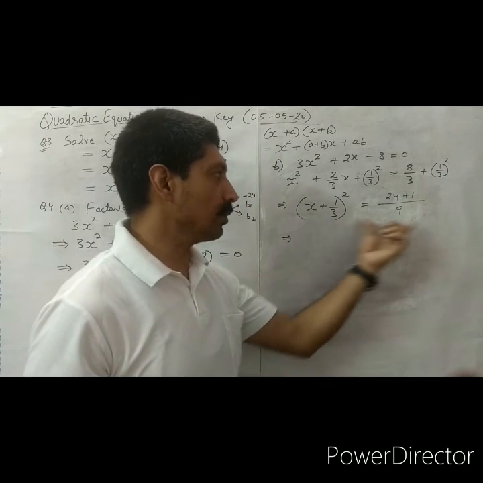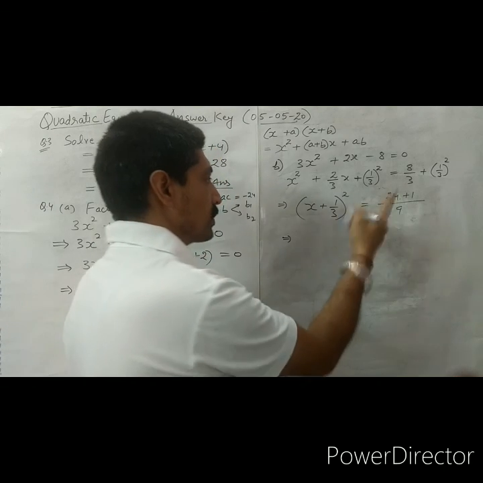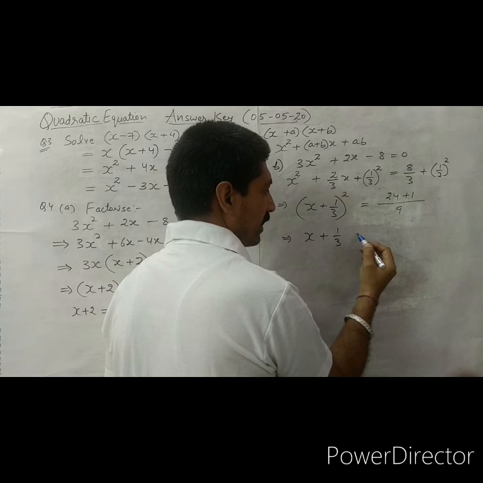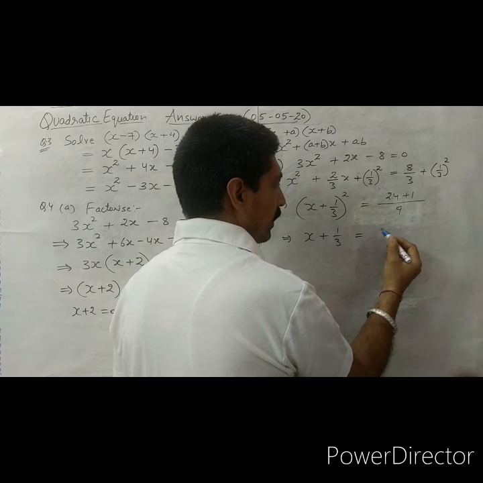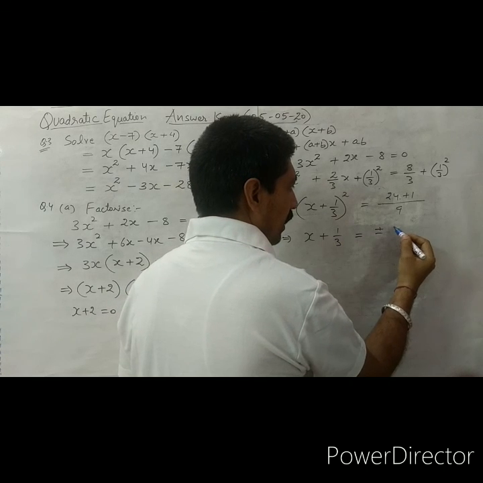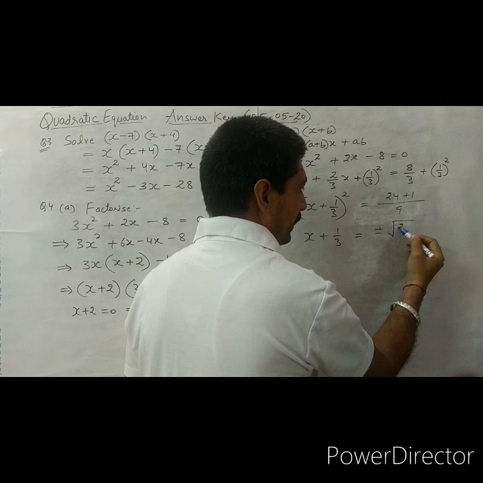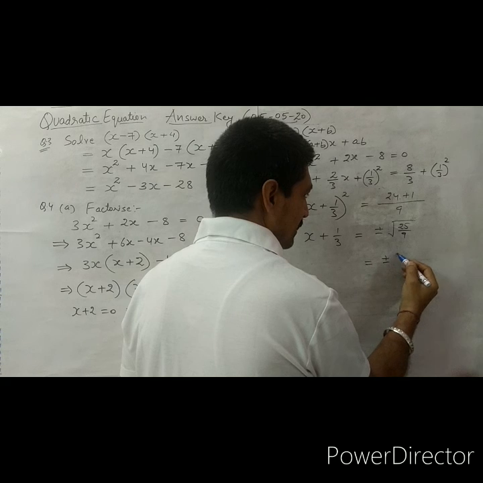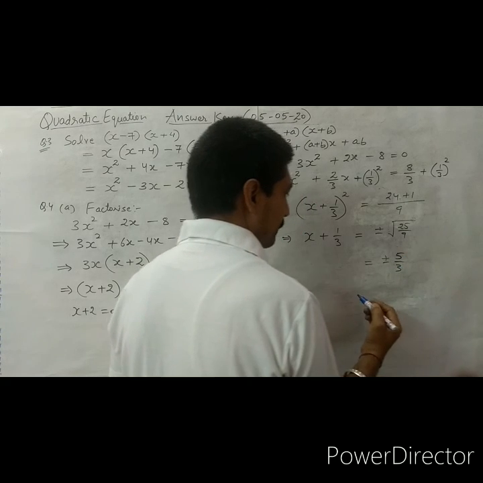Taking under root both sides, x plus 1 upon 3 is equal to plus minus under root 25 upon 9, which is equal to plus minus 5 upon 3 here.